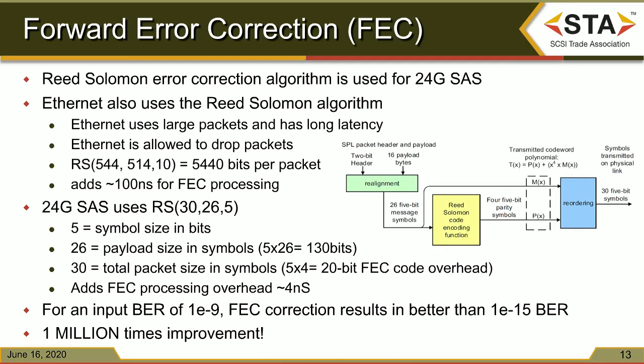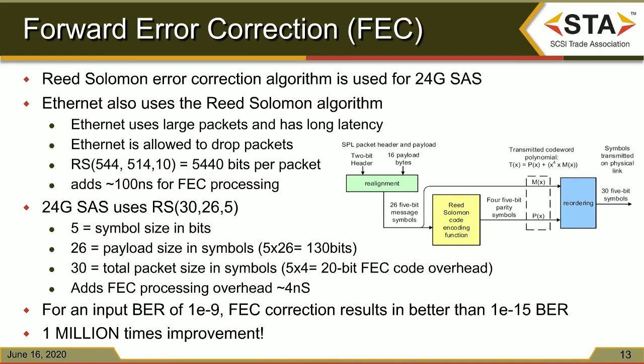That delay time is way too invasive for SAS. And so although we use the same algorithm, we use very different size packets. SAS uses Reed-Solomon code, and then in the brackets here you'll see 30, 26, 5. 30 is the entire packet length in symbols, so it's 30 symbols. 26 is the actual payload.